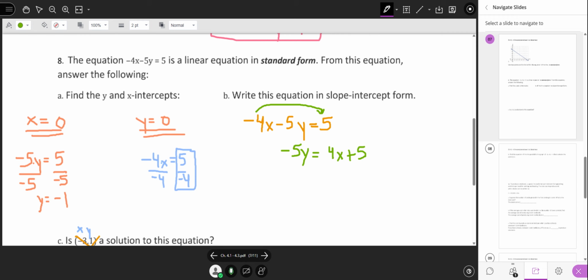And then the opposite of timesing by -5 is to divide each piece by -5. Positive divided by negative is minus. 5 divided by 5 is 1.